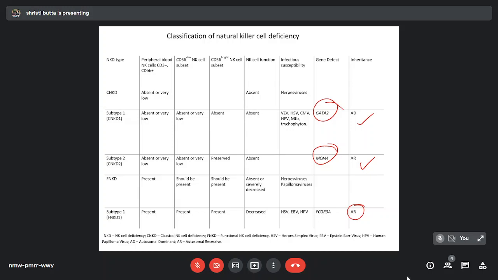Ex vivo activation with cytokines can restore cytolytic activity of the NK cells against tumors, indicating that NK cells have a potential for adoptive immunotherapy if potent cytotoxicity can be maintained in vivo. Right?